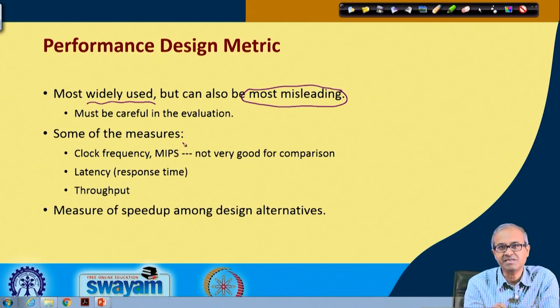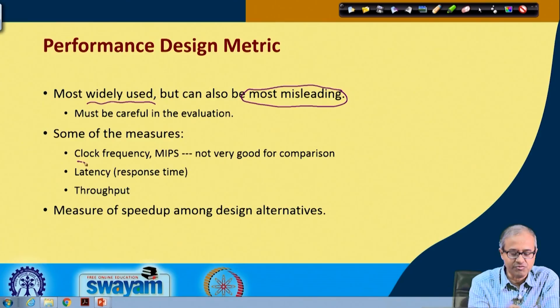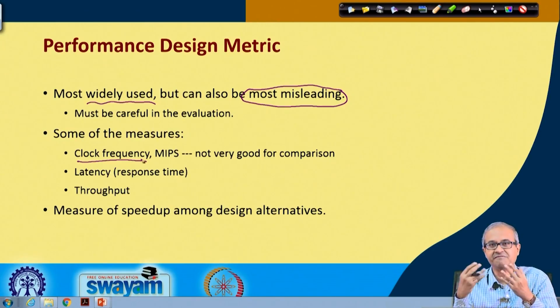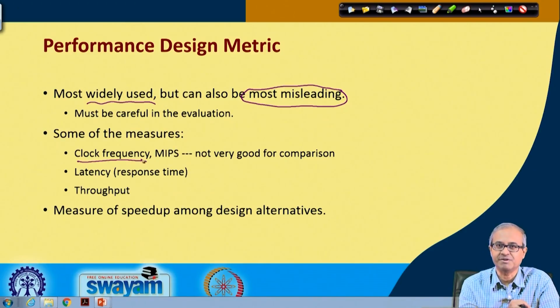Some of the typical measures which are used, again these are not good measures. Clock frequency. Well, you see someone saying 1 gigahertz, 2 gigahertz, 3 gigahertz. Does faster clock frequency mean a faster computer? Not necessarily. There are many other things which determine the actual performance of a computer system.